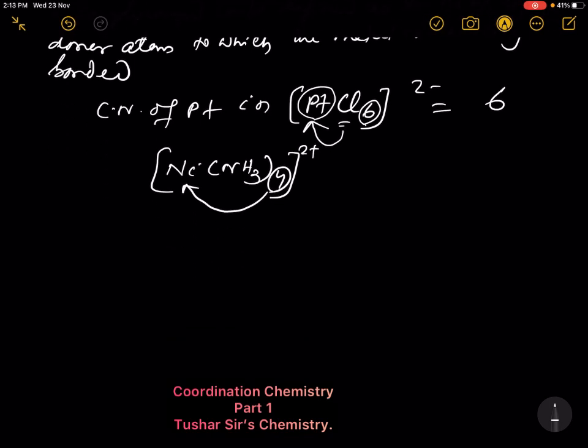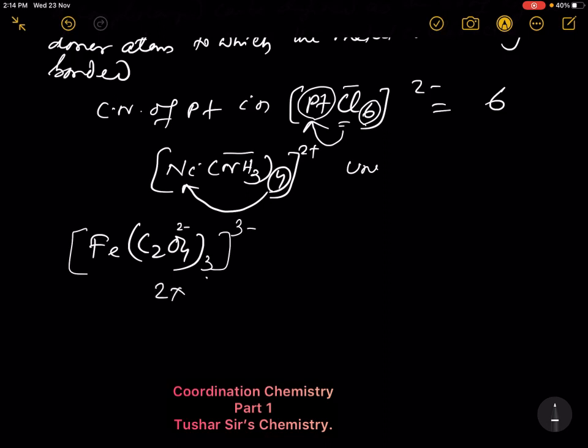But in case of [Fe(C2O4)3]3-, here it is a bidentate ligand, or you can say didentate. So 2 and the number was 3, so total 6. So the coordination number of Fe is 6.